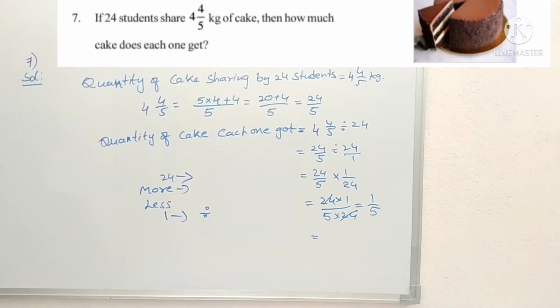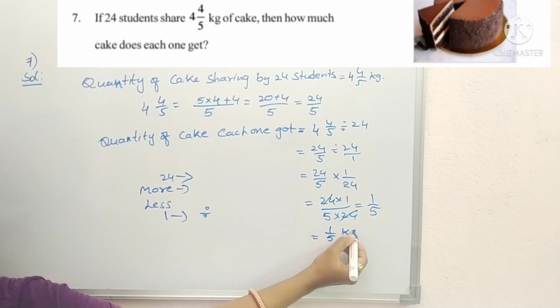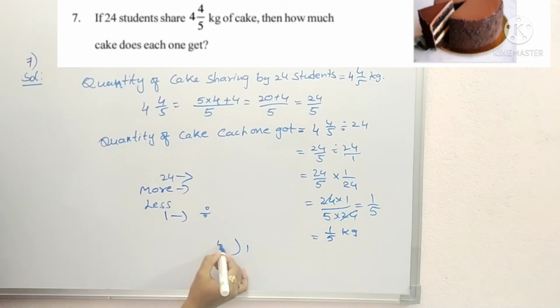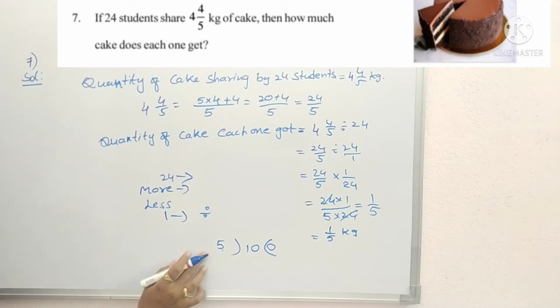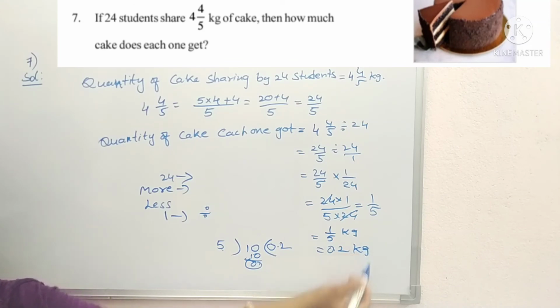So what is the value of 1 by 5? You can write it as 1 by 5 kg, or otherwise you divide. 5 does not divide 1 because it is less than 5. So put 0 in the quotient, and here also. Now this 1 became 10. So put the decimal point. 5 2s are 10. So otherwise 0.2 kg.